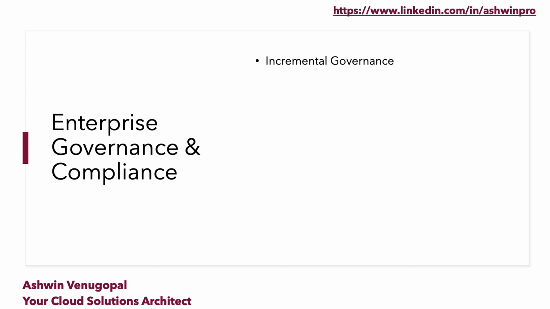Now, the first thing that you can discuss is incremental governance. An incremental governance approach is going to empower these traits that we actually just discussed. The incremental governance is going to rely on a small set of corporate policy, process, and tools to establish a foundation for the adoption and the governance.